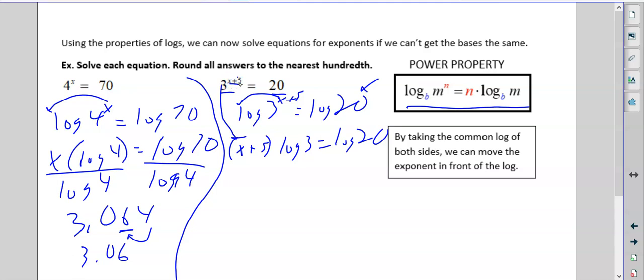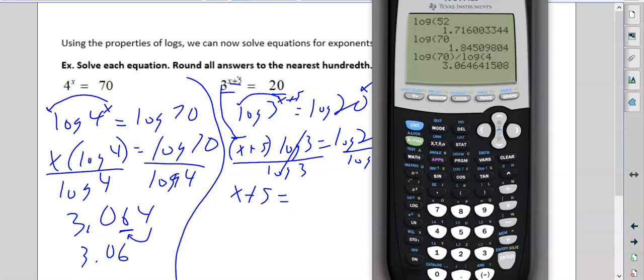Now, again, we want to get x by itself, so we need to get rid of this log 3. Now, it's going to require an extra step, though, because it's x plus 5. So x plus 5 equals log 20 divided by log 3. Close those parentheses, divided by log 3. And we get 2.726, okay, which we round.